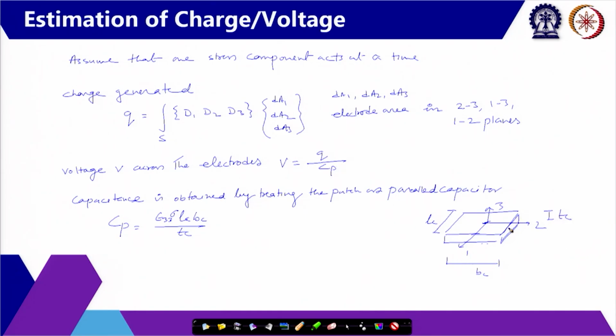So, Lc Bc is the area and Tc is the thickness. By solving the constitutive equation I can find the electrical displacement, and from that the charge, and if I put the capacitance expression here, that gives us an estimate of the voltage generated.